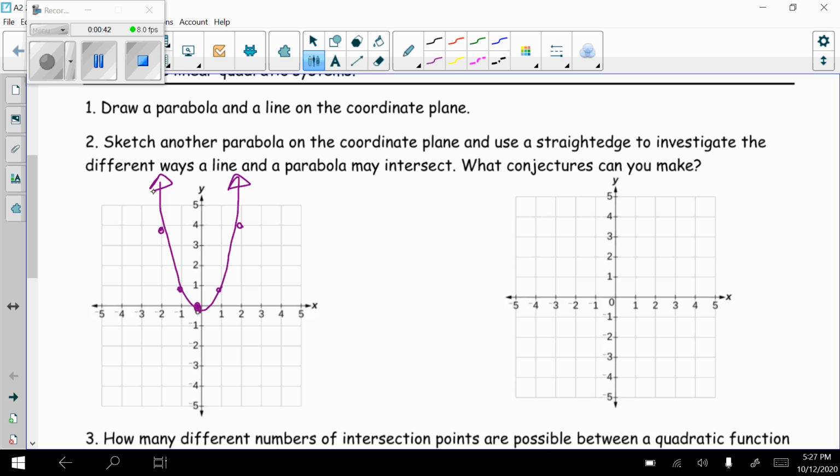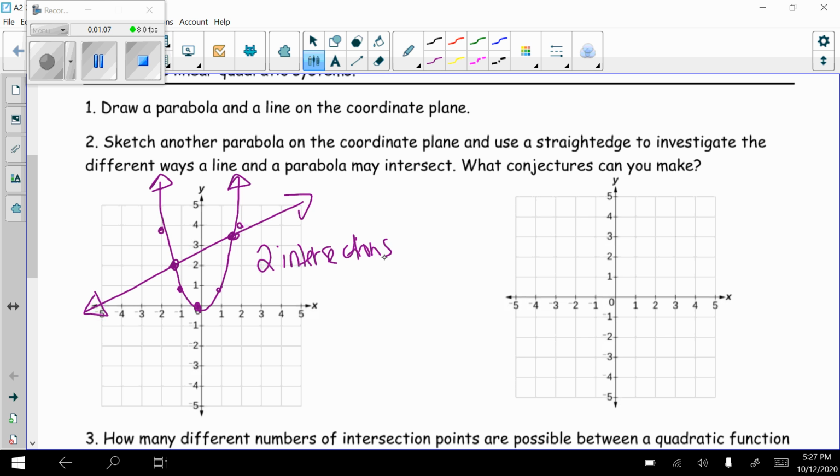I can draw a line right there. What do I notice? I notice that the line touches the parabola twice. So on this one that I drew, I have two intersections. So I want to see, is that always the case?